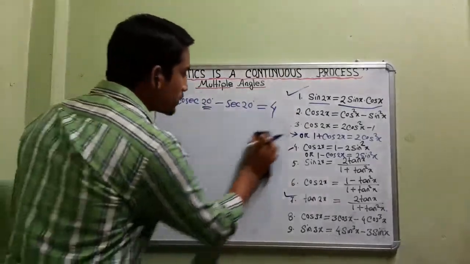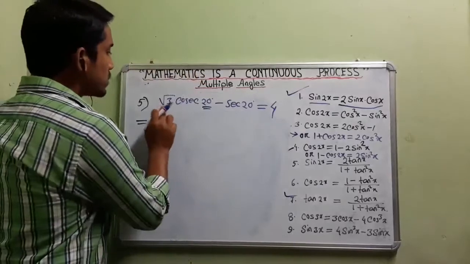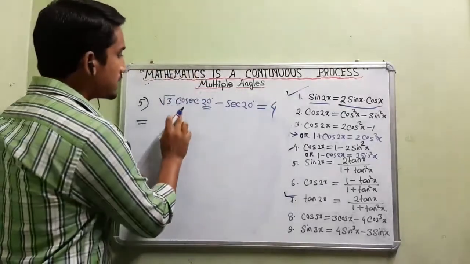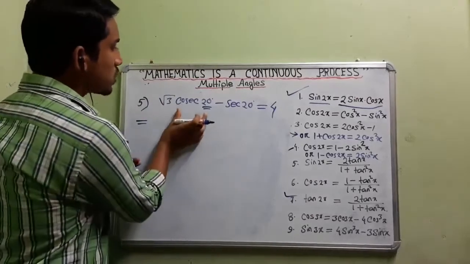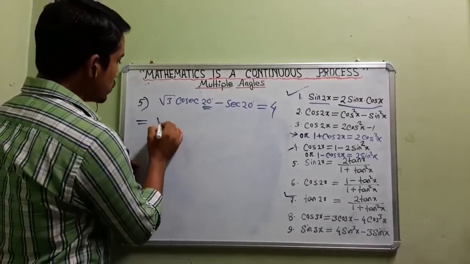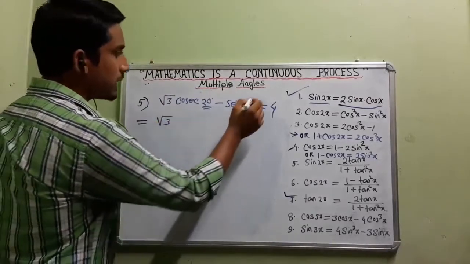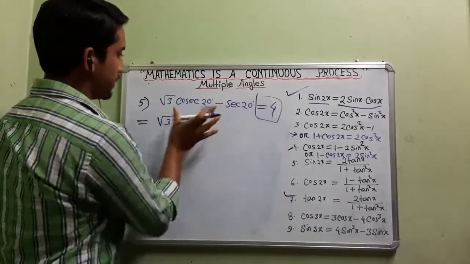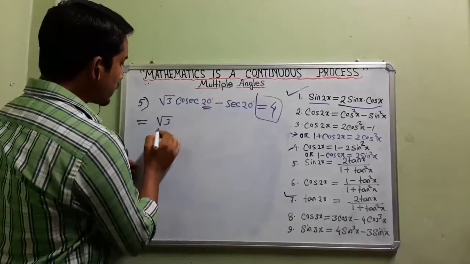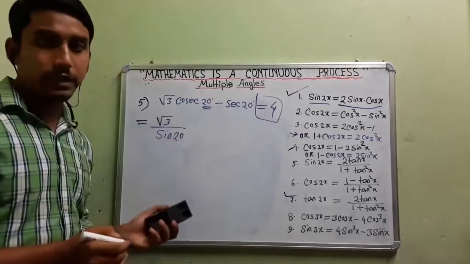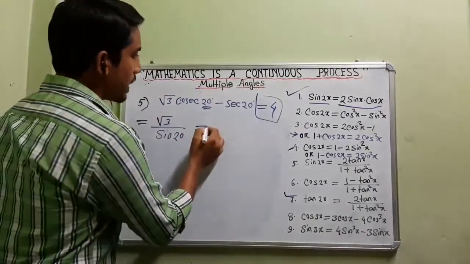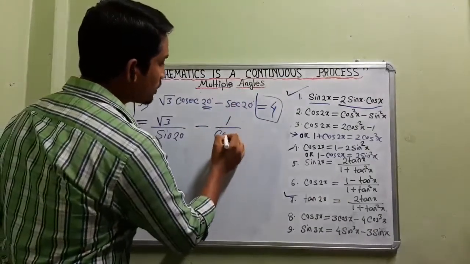In this kind of problem, you see, this root 3 is our hint. I am starting with the left hand side, only the left hand side I have taken. So cosec 20, we can write in terms of sine, 1 by sine 20, minus sec 20, which we can write as 1 by cos 20.